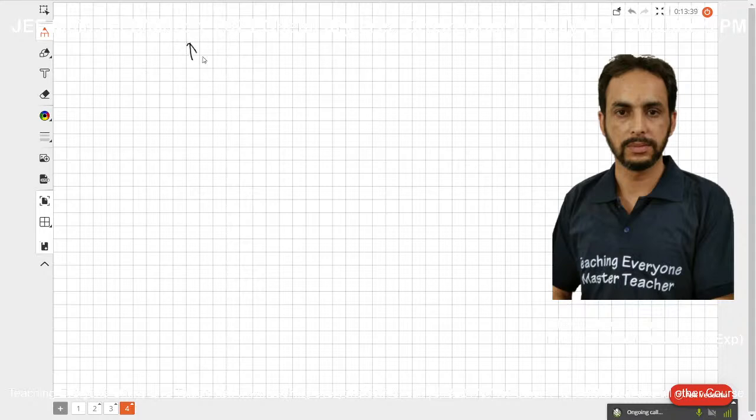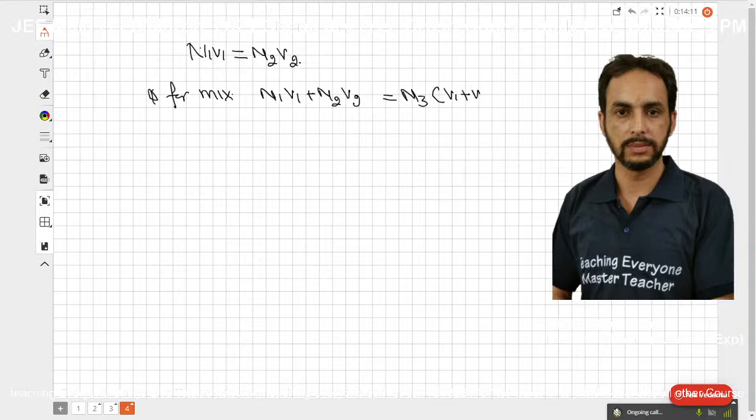Now the normality equation is N1 V1 equal to N2 V2, and for a mixture, N1 V1 plus N2 V2 equal to N3 into V1 plus V2.